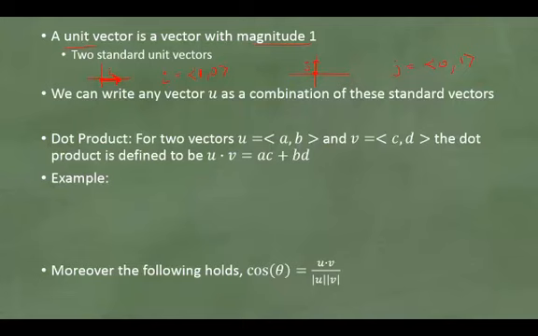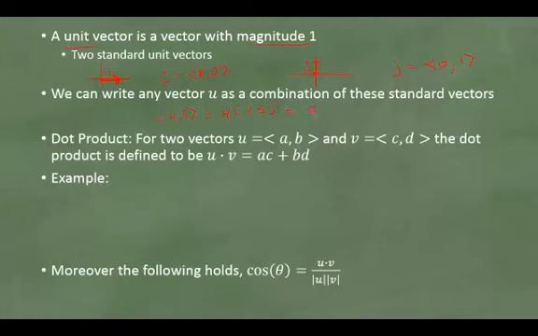Because this i and that j just have horizontal and vertical components, we can write any vector as a combination of these two standard vectors. So if we wanted to write the vector 4, 5, that would be, for example, 4 times i plus 5 times j.